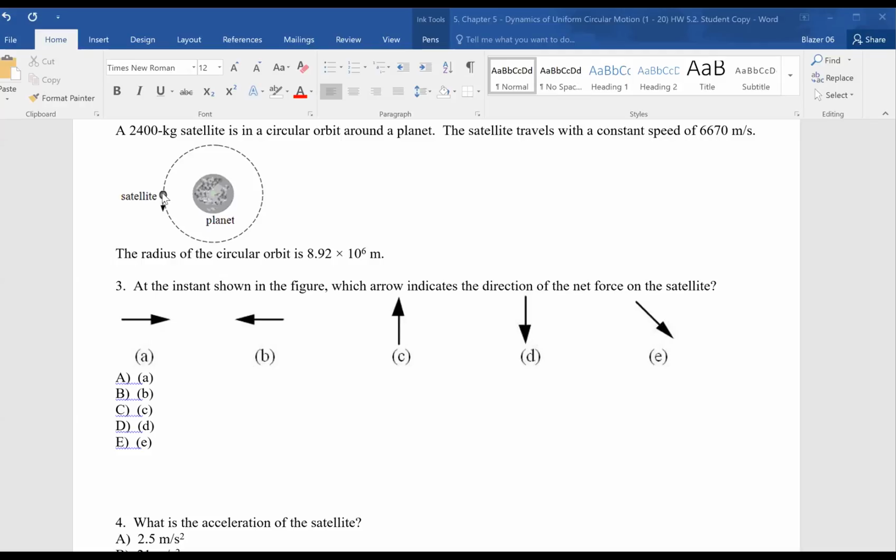So in chat, just choose a letter. A, B, C, D, or E. Which of those gives me the direction of the force as the satellite is circling this planet? Okay, give me your answer.